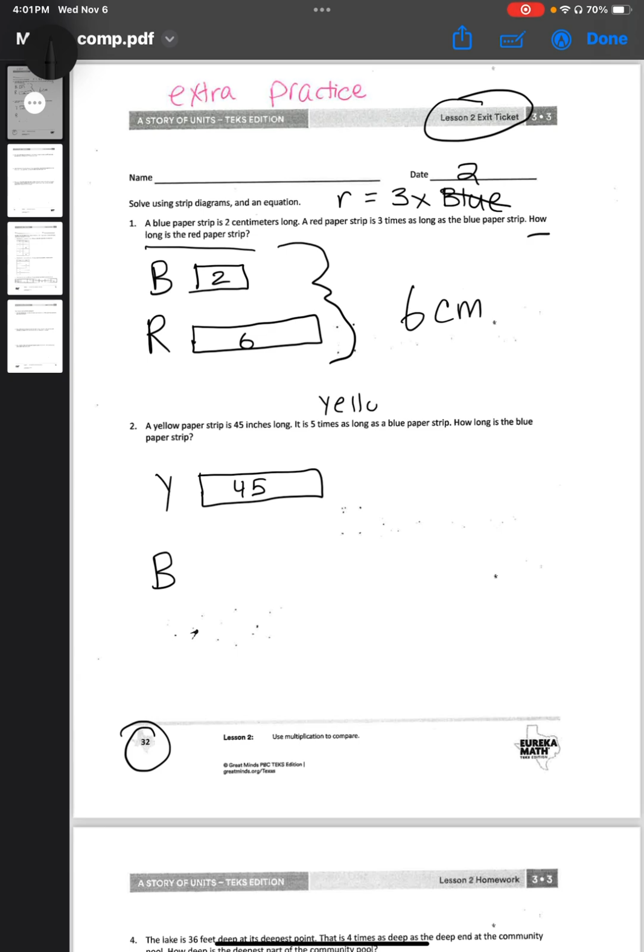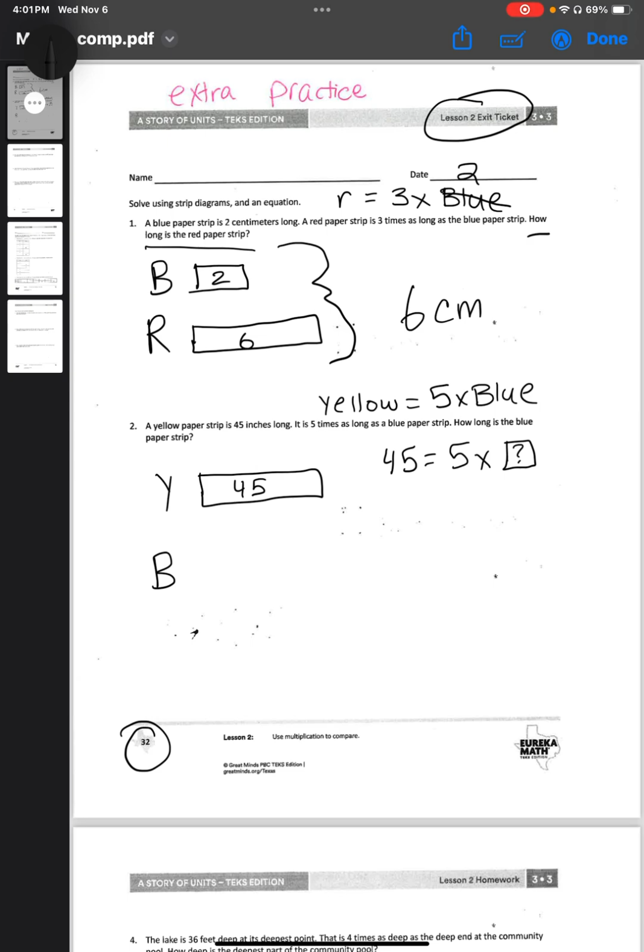We can make an equation from that. Yellow is 5 times as long as the blue. What can we fill in here that we know on this equation? Well, we know the value of yellow, so we could say 45 is 5 times whatever the blue one is. We don't know what that is, so we'll use an unknown box there.